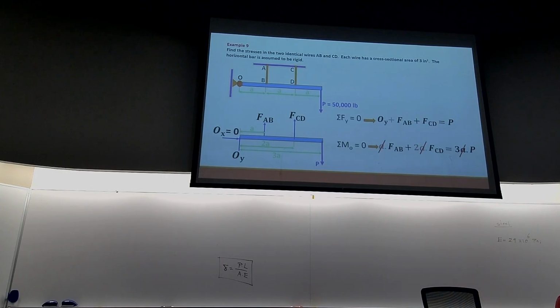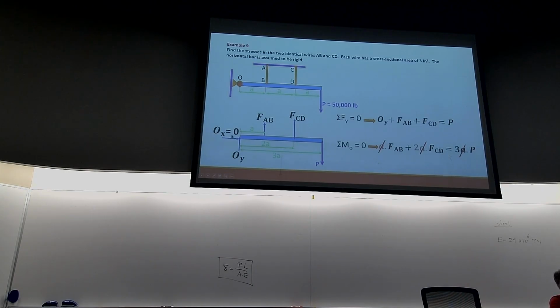Obviously, we need to show the applied force P. This is going to cause tension in both wires. So the wires are being pulled down, and they will be pulling up, as shown here, FCD for this wire, FAB for this wire.